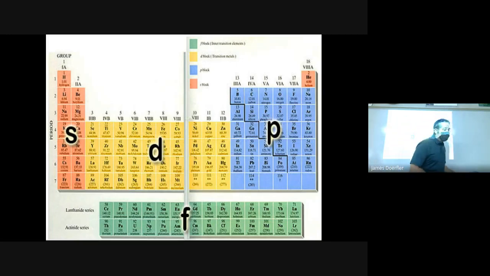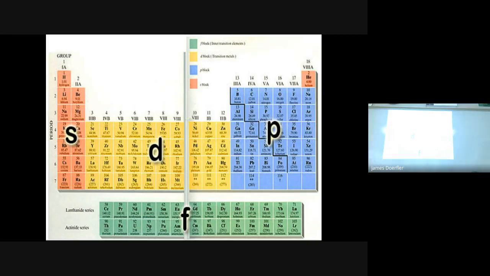So starting with the, I'll let you get your coloring devices. Starting with the S block, you've got these two columns over on the left-hand side, the alkali metals, group 1, and the alkaline earth metals, group 2.